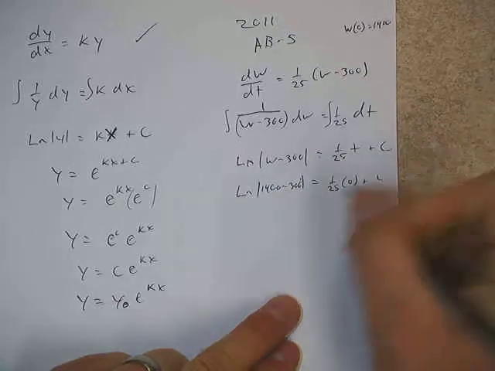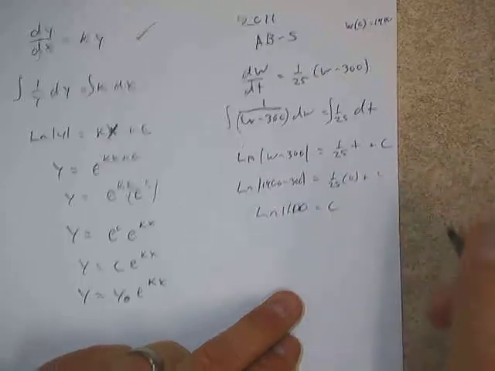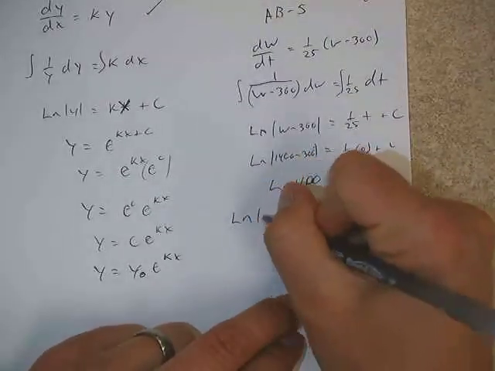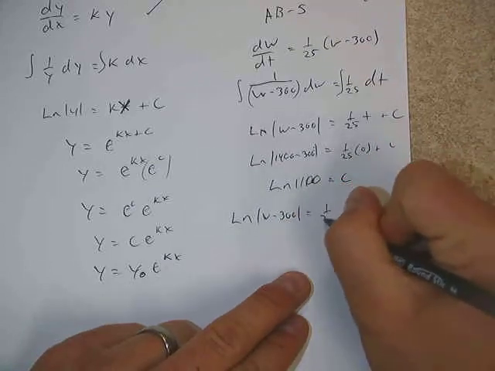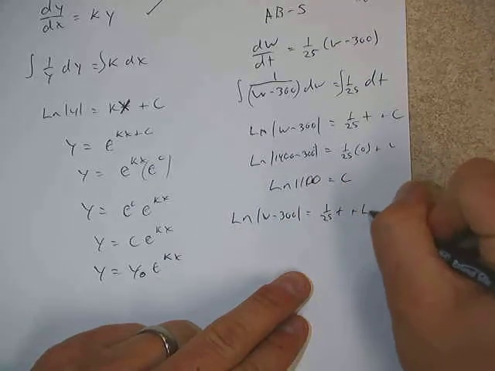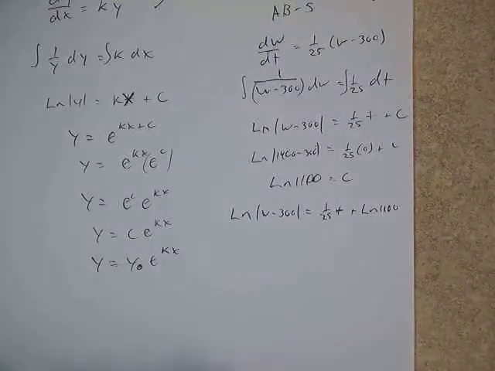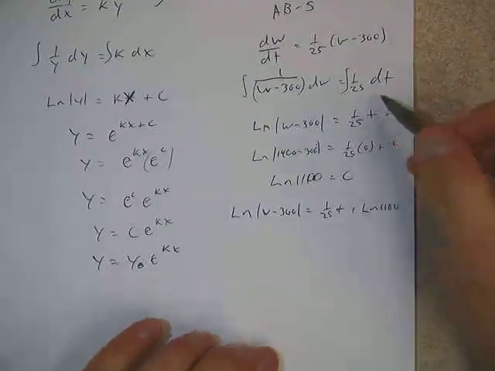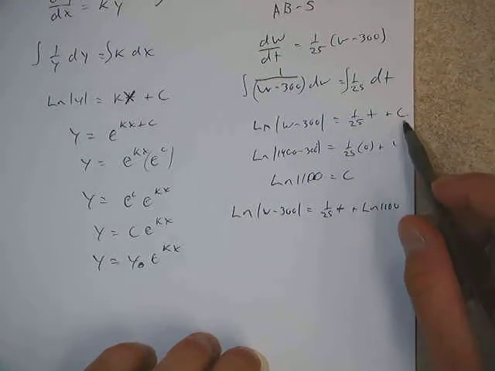Right, and at this point we would use our initial condition, so we do natural log of 1400 minus 300 equals 1/25 times 0 plus c, and so we'd get natural log of 1100 equals our c. So at this point we'd move back to the natural log of w minus 300, and over here 1/25 t plus ln of 1100.